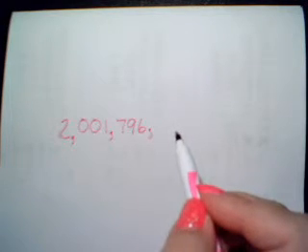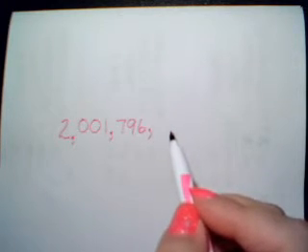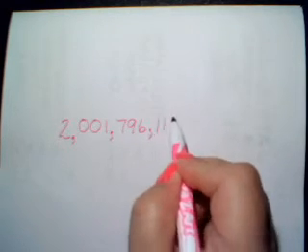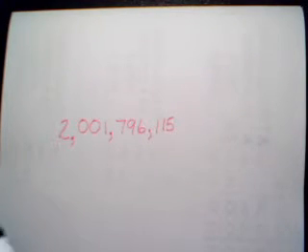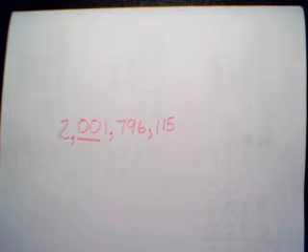And then the last part of the number is what? 2 billion, 1,796,115. Okay? So the key here is to remember to place zeros where they belong. Okay? Let's look at another number. It's easier. Let's look at 90,500. Okay?